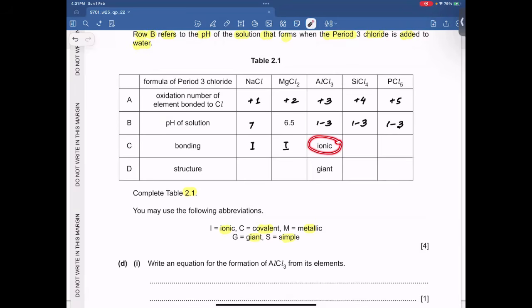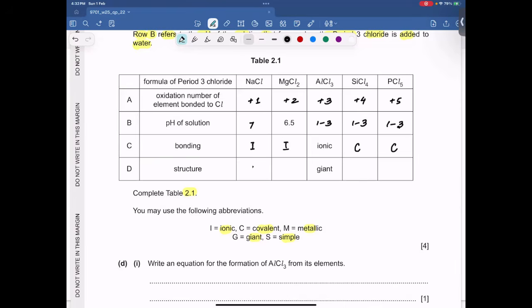So ionic is a conceptual contradiction, because aluminum chloride is easily hydrolyzed with water because of the presence of a vacant pz orbital. That indicates aluminum chloride forms covalent bonds, and it also exists in dimer form as Al2Cl6. But if it is solid, it's going to be ionic. But remember one thing: SiCl4 is covalent, represented by C. PCl5 is covalent, represented by C. Okay.